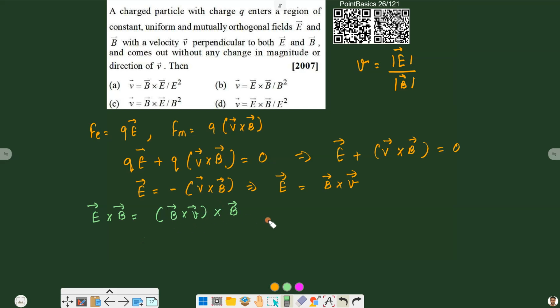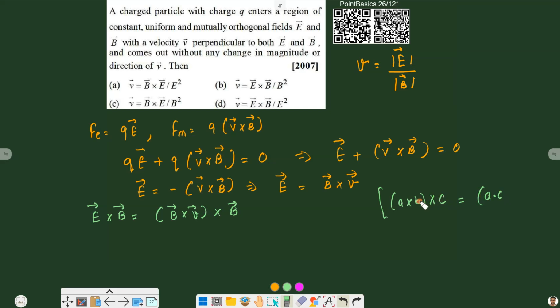Now for this we have an identity, and the identity says that if we have A cross B cross C, these are three vectors, then this will be A dot C into vector B, minus A vector into B dot C. Here the cross product is removed.